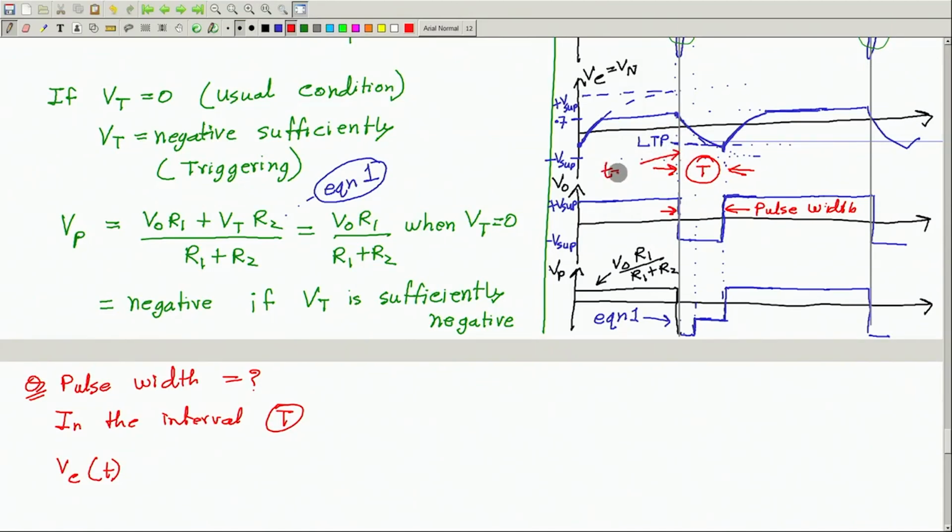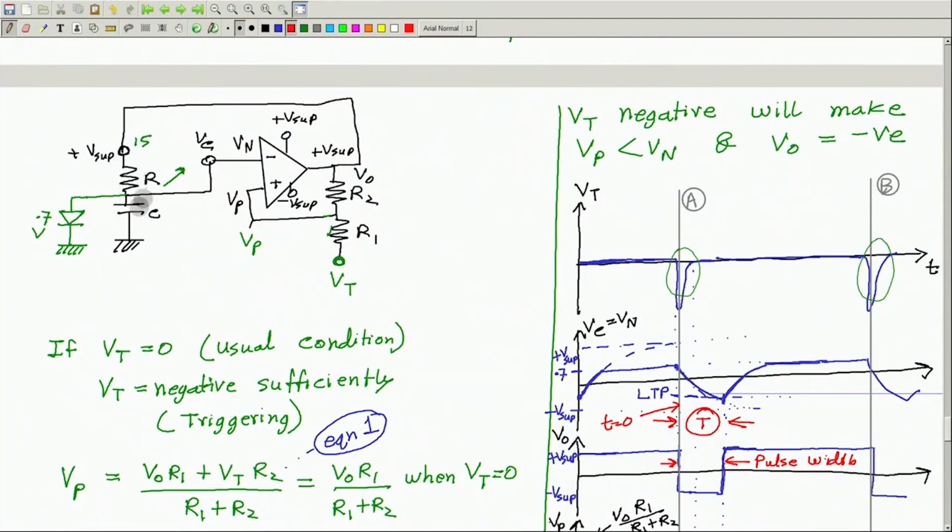If I take this as my time 0, then I can write it as the target voltage minus the initial, whole multiplied by e to the power minus t by tau, where tau is the time constant of the capacitor charging circuit. And the time constant is R times C.